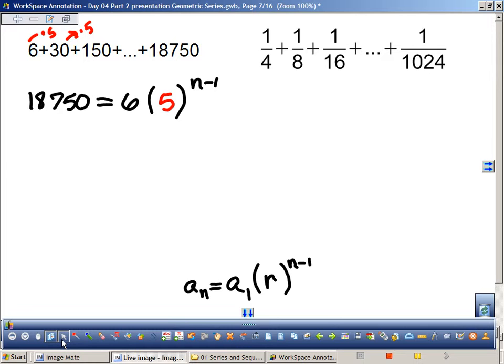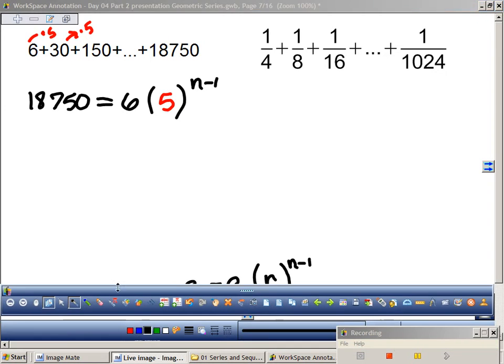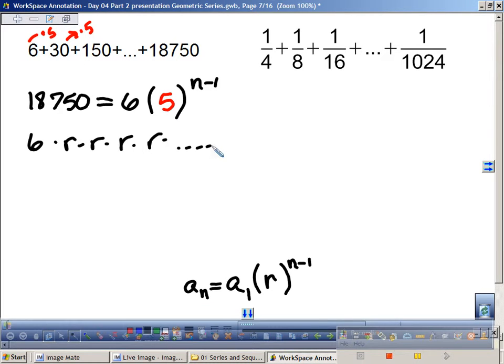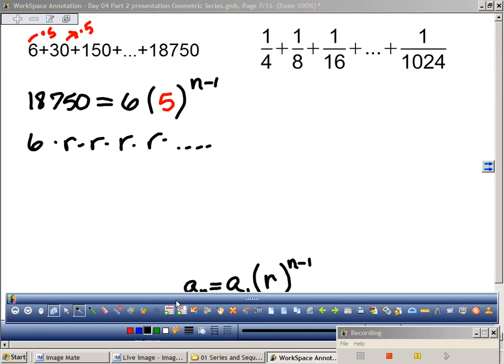So I happen to know that 18,750 has to be divisible by 6 because I know I can factor out that first term. Because this is really a sequence of 6 times R times R times R times R times, right? That's what this is. So I know for sure that's divisible by 6. Then once I get rid of it, I can figure out how many R's are being multiplied by each other.